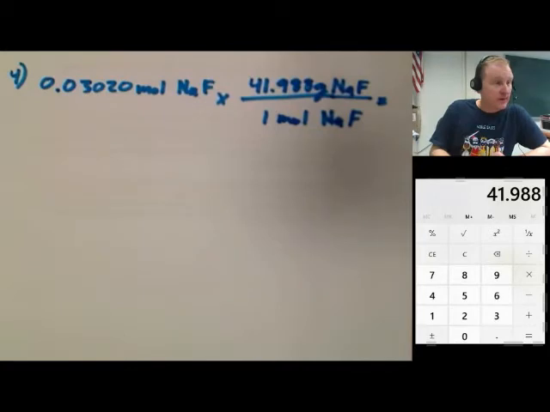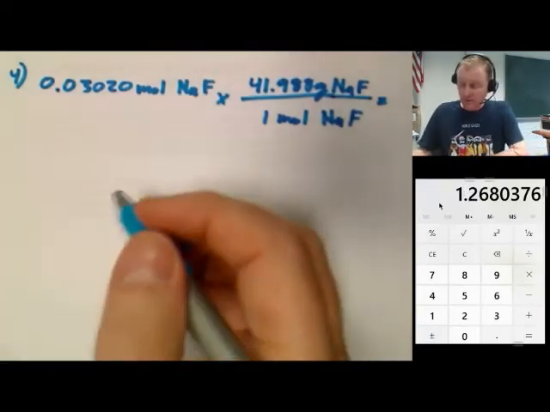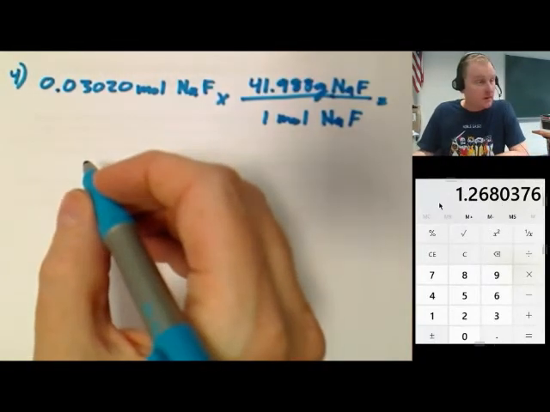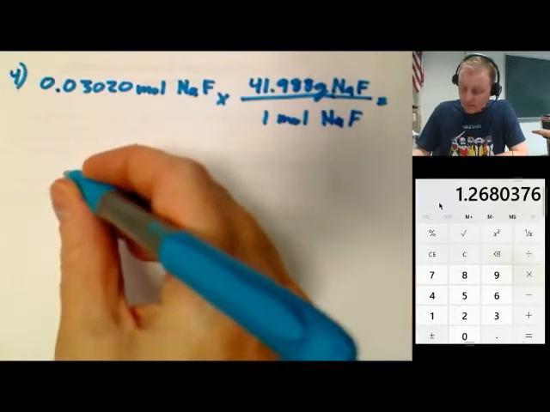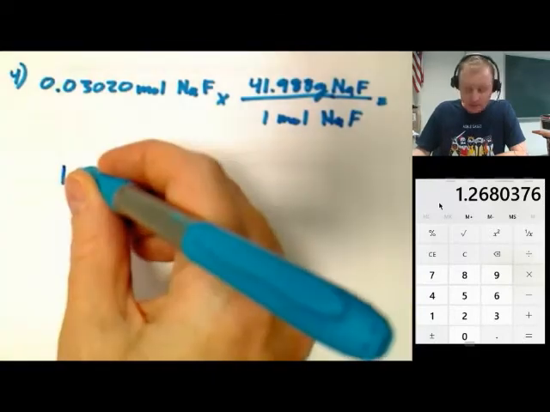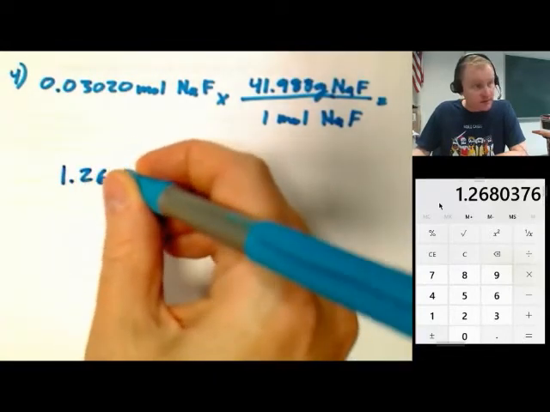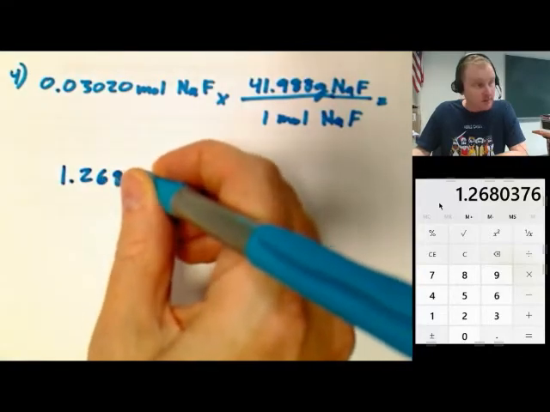So we have this number here, and we're going to multiply that by the 0.03020. That equals 1.26804 grams.